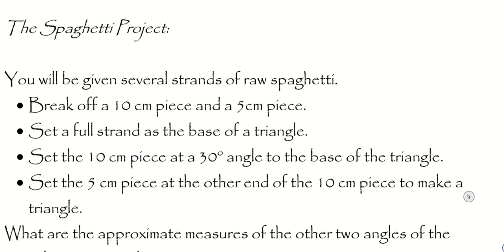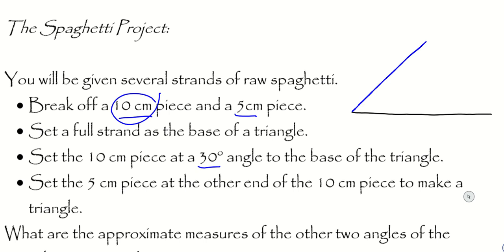So if I had a piece of spaghetti and I cut off one to be 10 centimeters and one to be 5 centimeters, and I set the 10 centimeter piece at a 30 degree angle to the base of the triangle.